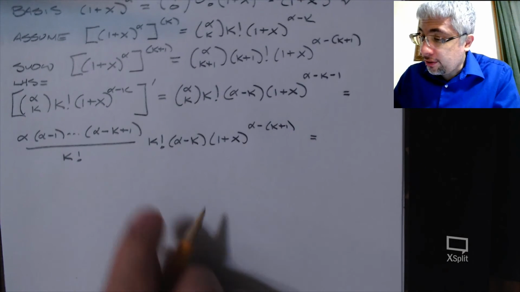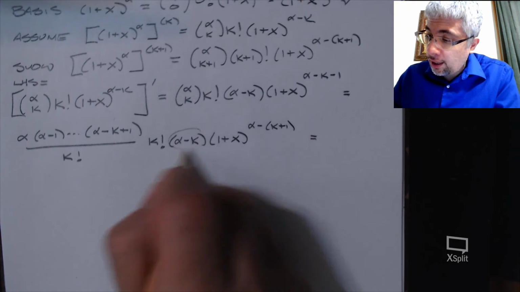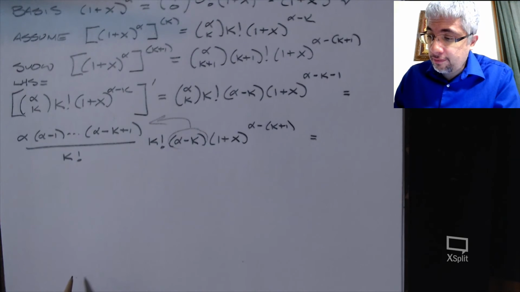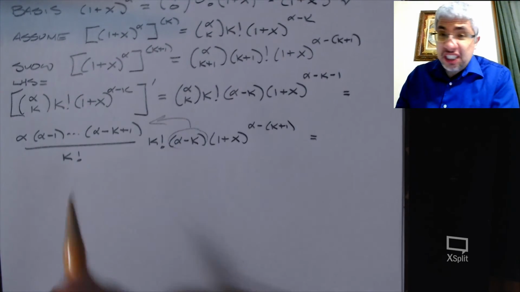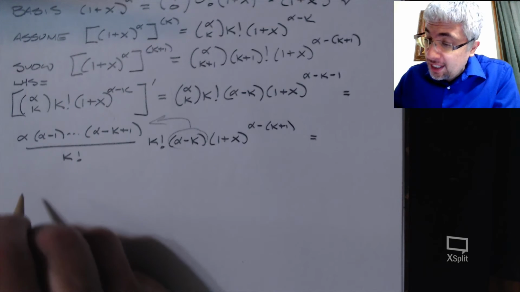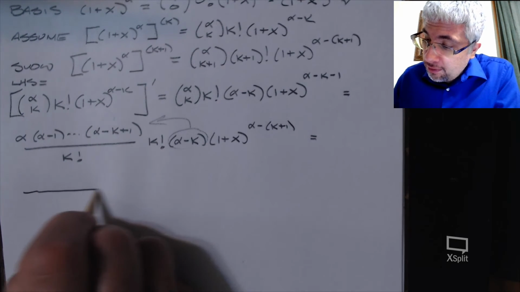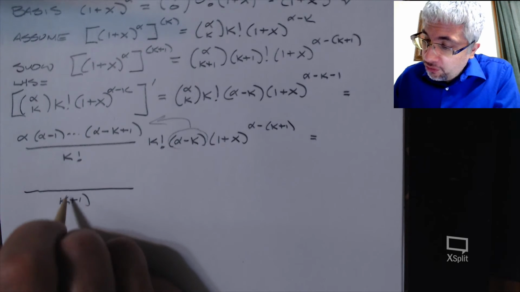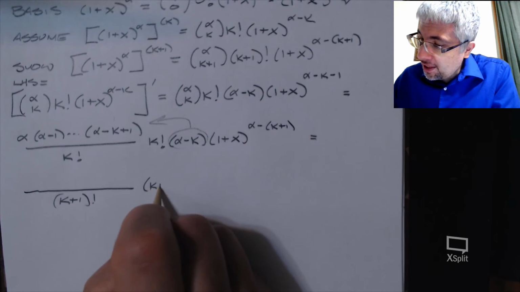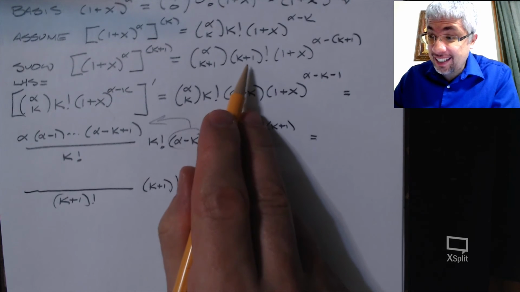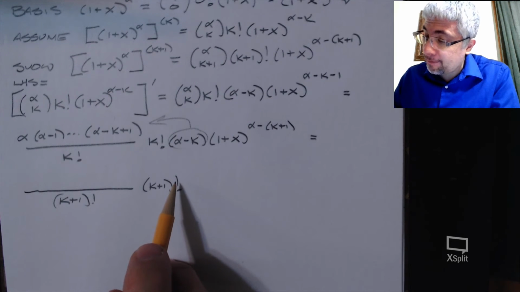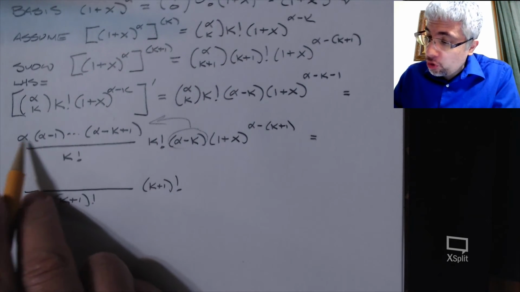Okay, so now I'm just going to move this up there. And notice I have a k factorial over k factorial. I could cancel that because it's 1, but instead I'm going to make it k plus 1 factorial, because that's what I need. I can see what I'm trying to get at. So what's this going to be?